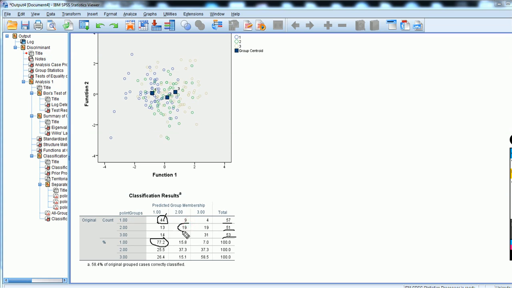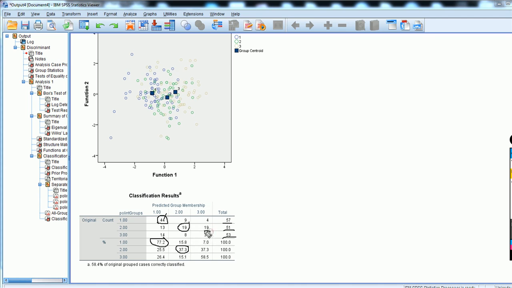With respect to group 2, we had 19 out of 51 cases correctly predicted to fall into group 2. So the hit rate, if you think of it, is roughly 37.3%. So we actually have a lower hit rate with respect to predicting group membership in group 2.